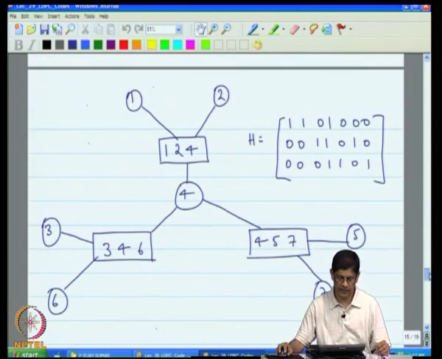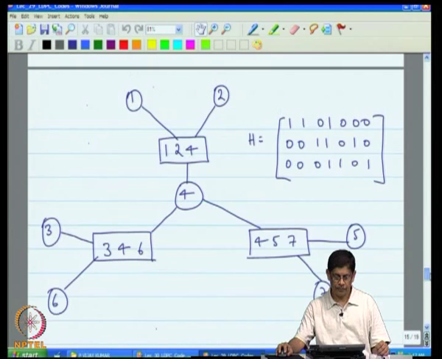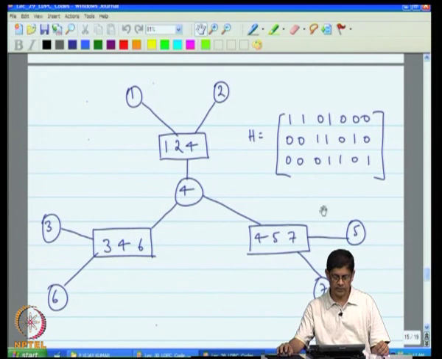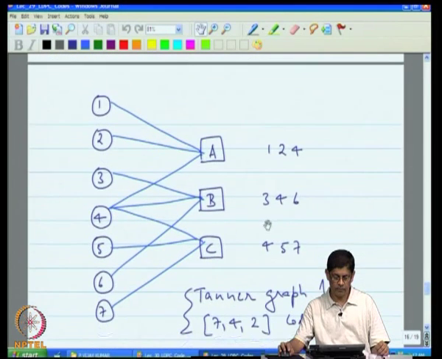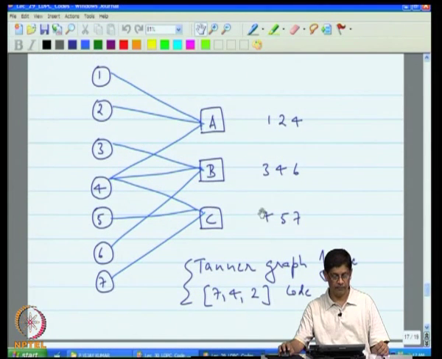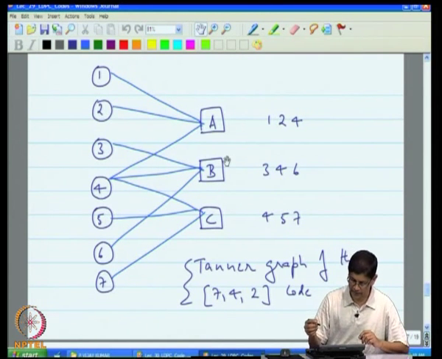And just to make the connection with what we had discussed earlier, here was a junction tree for a code defined by this parity check matrix, and however you can redraw it in the form of a tana graph. This code however is not an example of a DV-DC regular code, and you can actually see that. However, it still does have representation in the form of a tana graph.